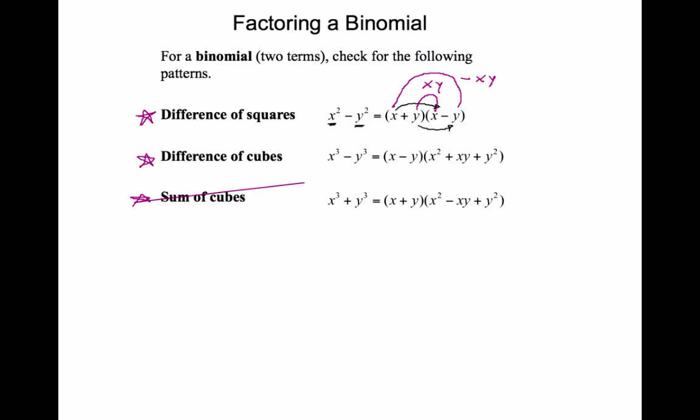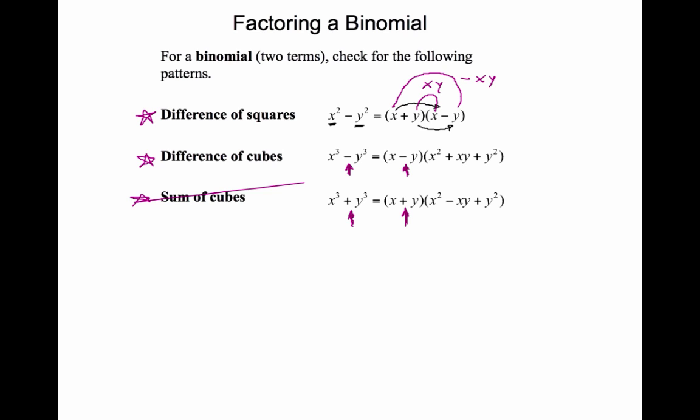You notice that with the difference and sum of cubes, the sign in the first parentheses matches the sign of the difference or sum of cubes. That's one way to remember it.